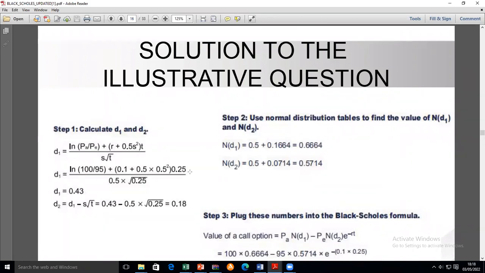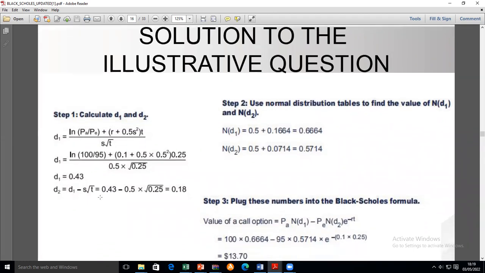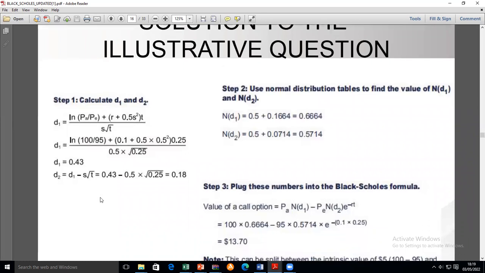Please, can you take your calculators for a few minutes and see if you can get your D1 and D2. Take your calculators, I'll pause this. So that is our D1, our D2. If you use your brackets correctly, you will not have a problem.